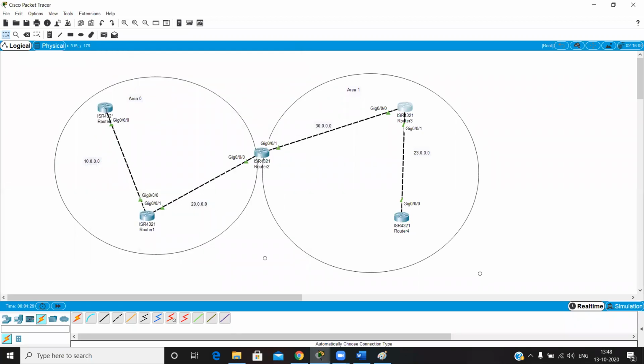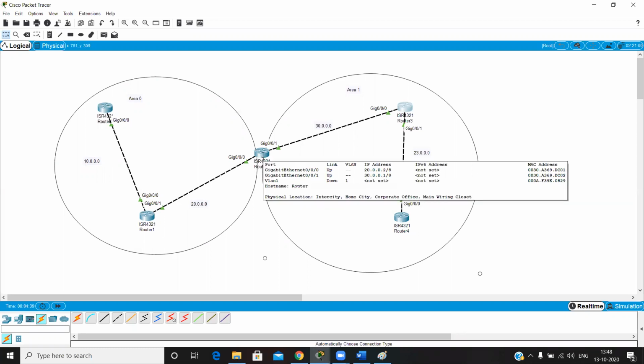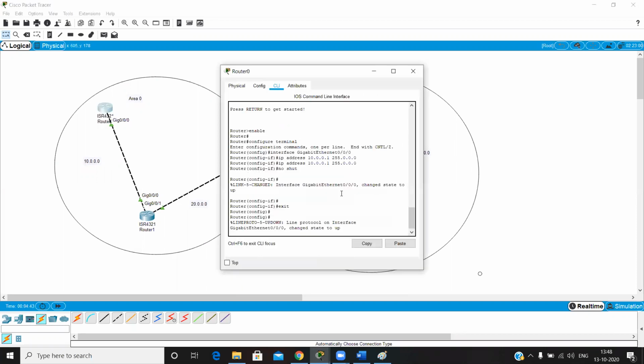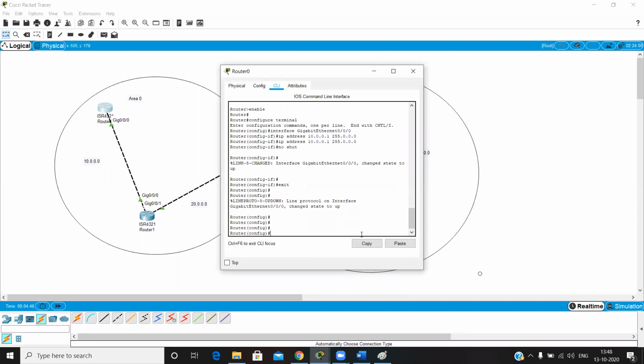Now we configure OSPF on all the routers. Firstly, I configure it on router 0, router 1, router 3 and router 4. I am not configuring OSPF on router 2 because it's our ABR, so we will do this last.